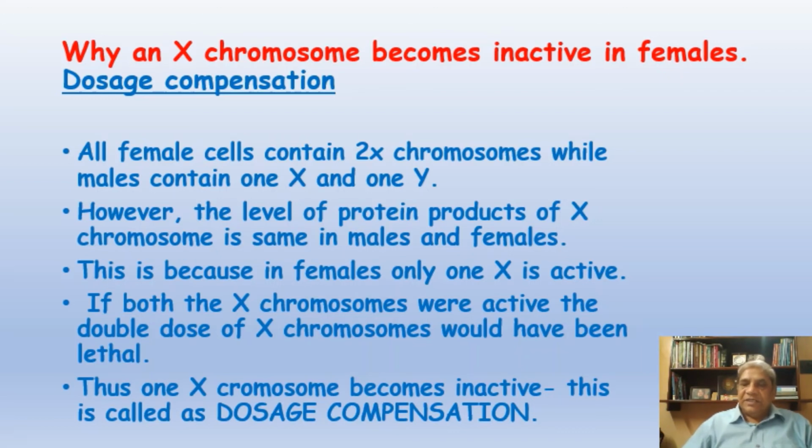Now, the explanation is this: all female cells contain two X chromosomes, while males contain only one X and one Y. However, the level of protein product of the X chromosome is the same in males and females. What is the protein product of the X chromosome?